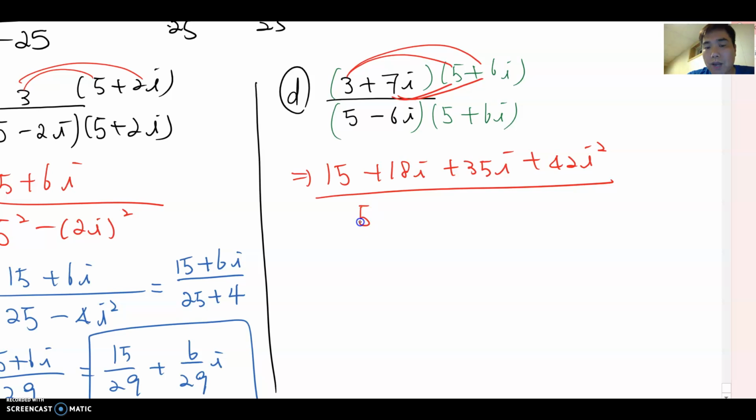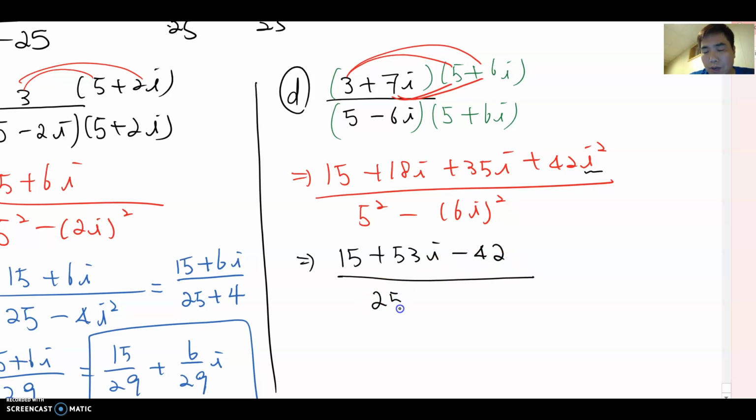So I can do 5 squared minus 6i squared. So this becomes 15 plus 53i minus 42. Why? Because i squared becomes negative 1. Then over 25 plus 36, because this will be 36i squared, and i squared becomes negative 1. That's why I can make it plus 36.